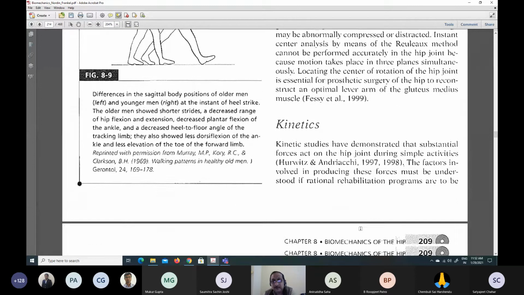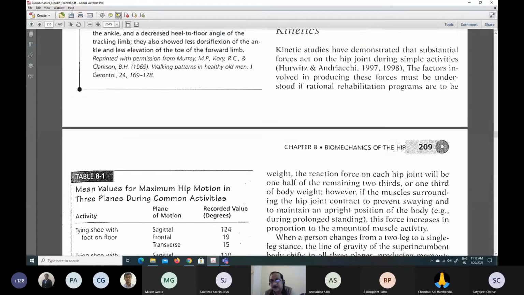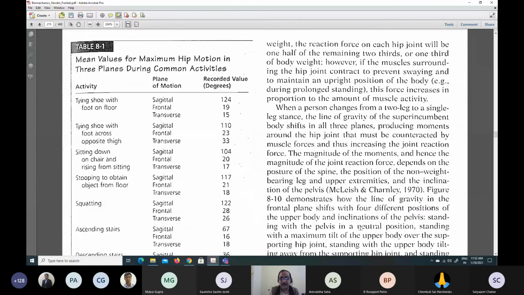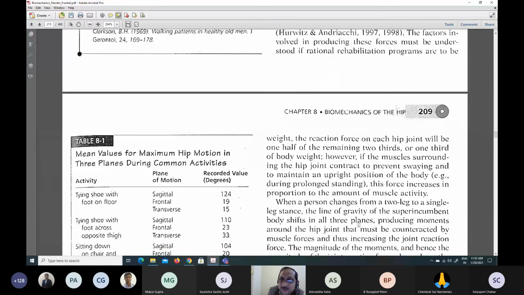Now, regarding the kinetics, the forces, we will have a separate session where you get to know much more about the forces acting on the hip joint, particularly the muscles and the joint reaction forces.